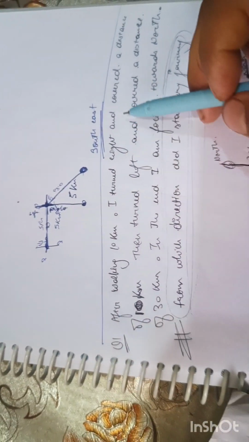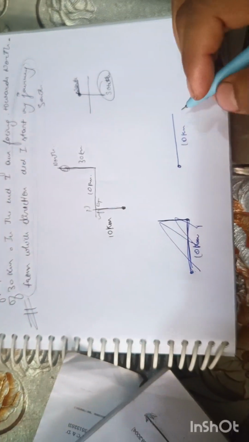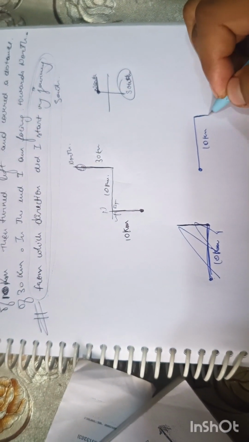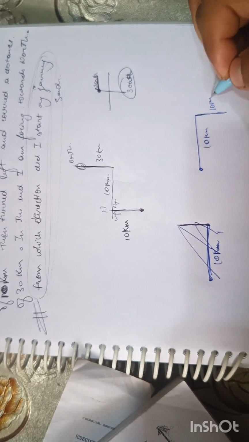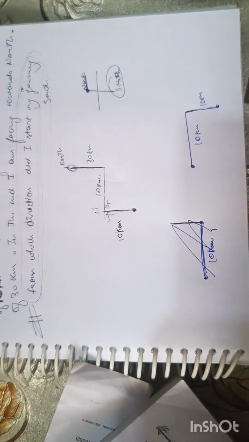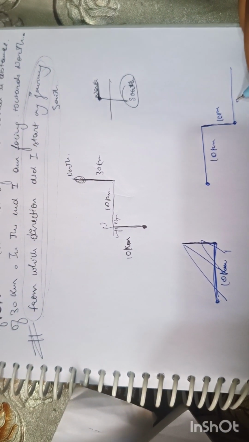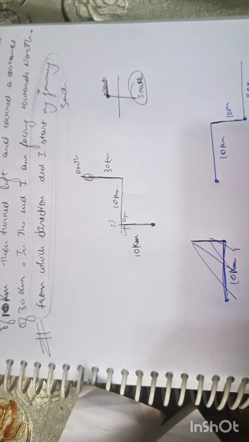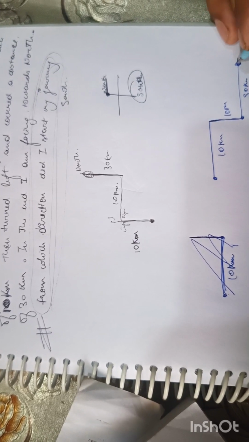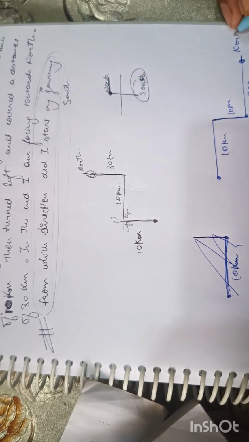I turned right and covered a distance of 10 kilometer. So right and 10 kilometer. After that, turned left and covered a distance of 30 kilometer. Then left 30 kilometer. After that, he is facing north.